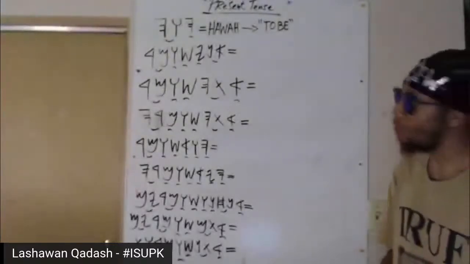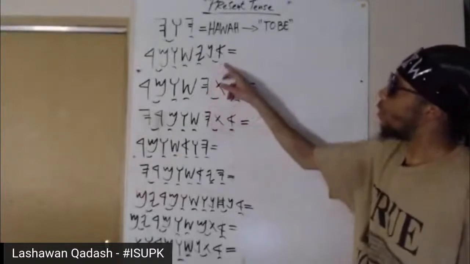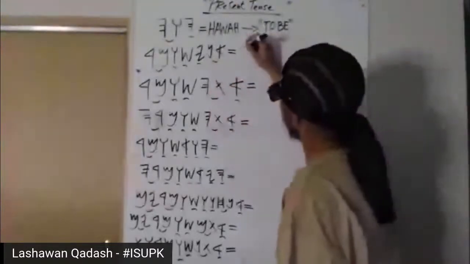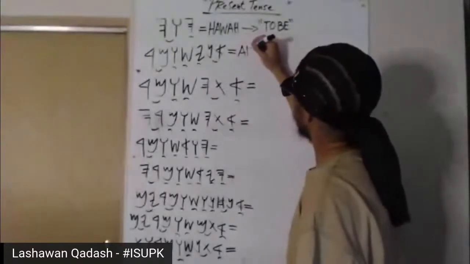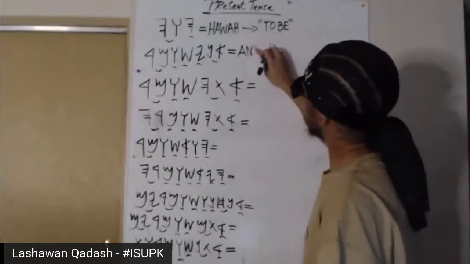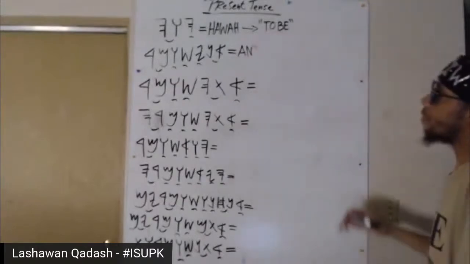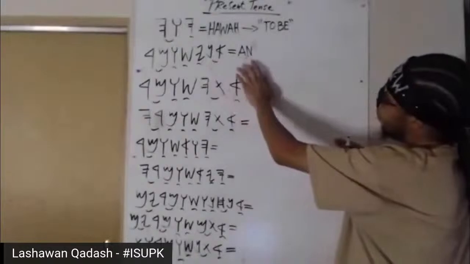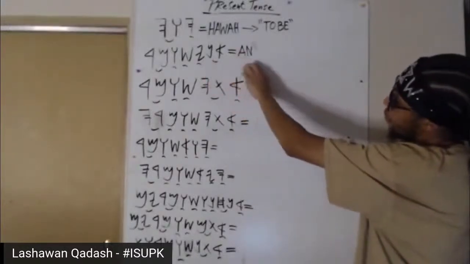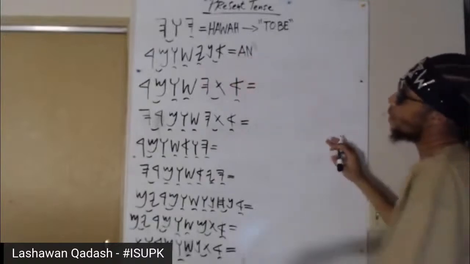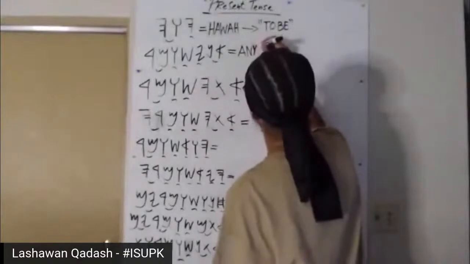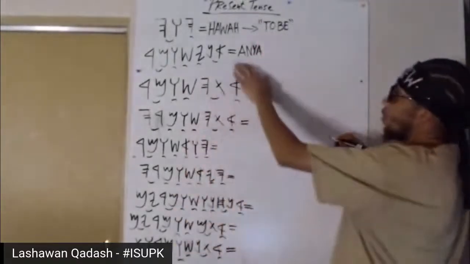Alright, so we have the ah and the na connected together, which is going to be AN, because something cancels out for both, the H for the ah and the A for the na. You have the ya, Y-A by itself, so anya.